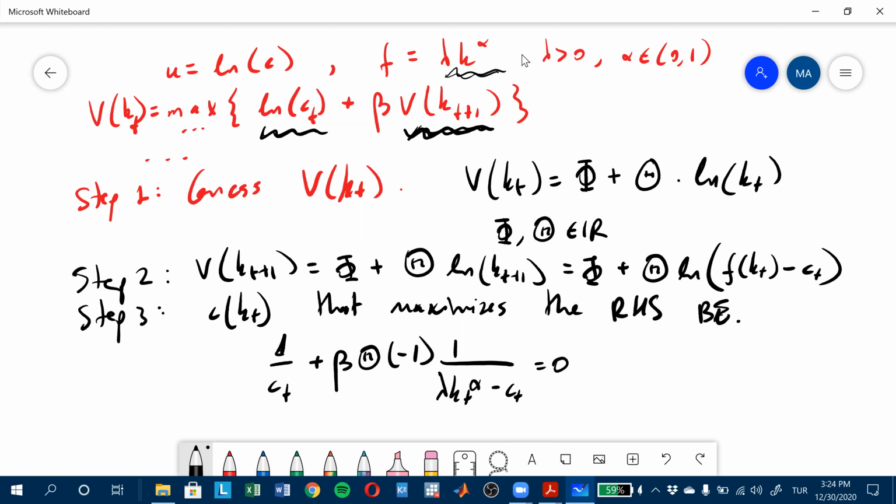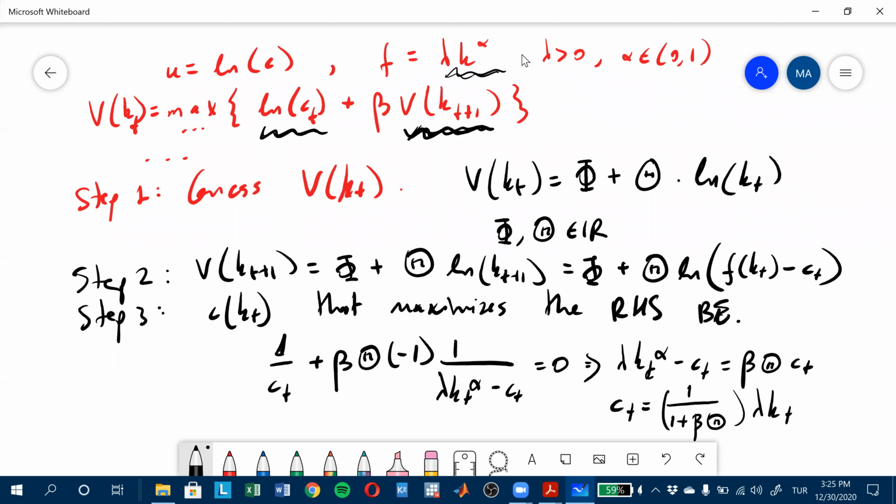So I have lambda K_t^alpha minus C_t equals beta theta C_t. So C_t equals 1 over 1 plus beta theta times lambda K_t^alpha.